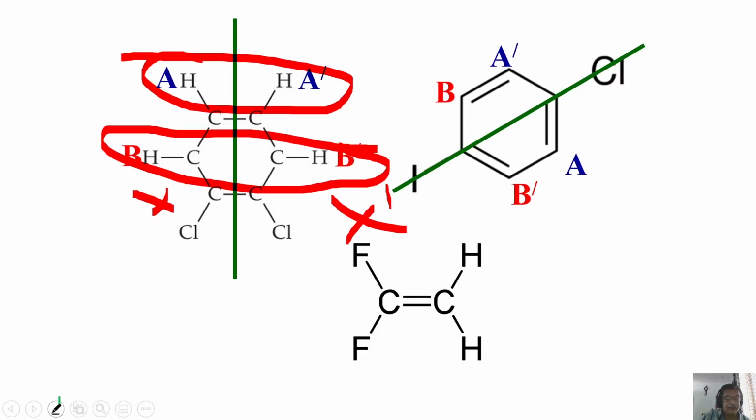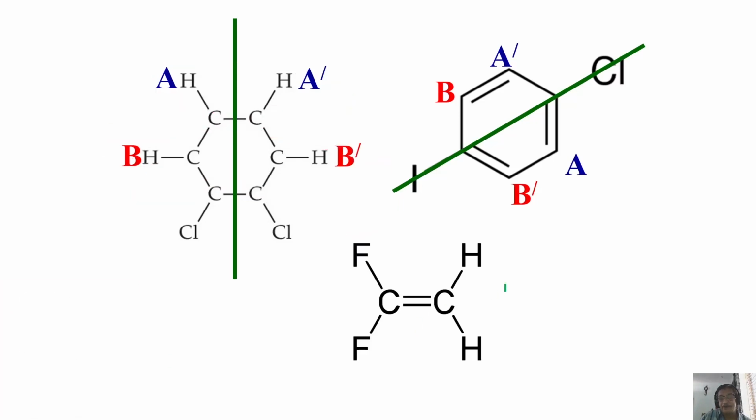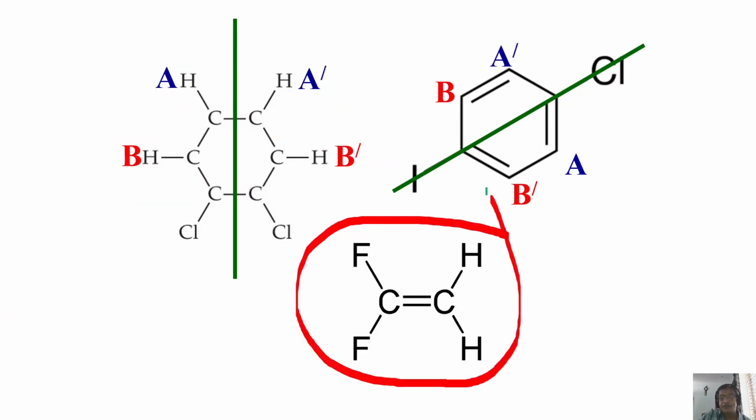Now, let us take this example. What do you call this spin system? It is a very simple molecule. Now this fluorine and this fluorine are chemically equivalent. There is a symmetry along this axis.